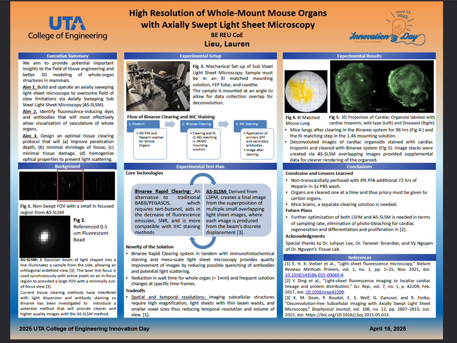Some core technologies include the binary rapid clearing, which does not need the traditional BABB requirement of butanol, and this aids in the decrease of fluorescence emissions and signal-to-noise ratio. And this also validates the ASSLSM system, so sort of cyclical in that way.